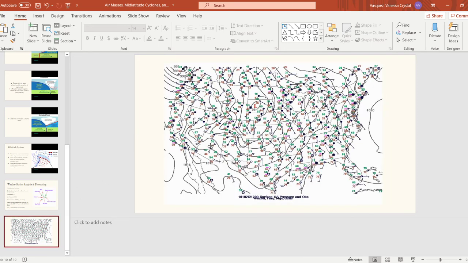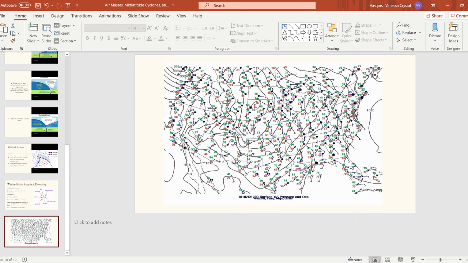And lastly, for your quiz, you will be working with this map, which shows the weather data. What's important is for you to look at the symbology, the wind direction and wind speed. It's coming from the southwest, and the wind speed looks like a 10 in the southern part of the United States.